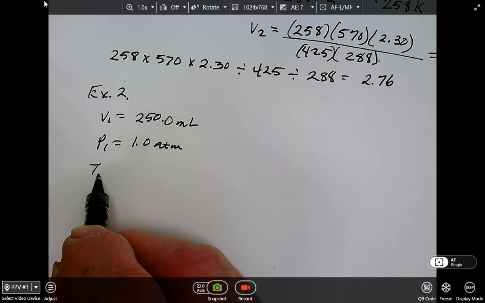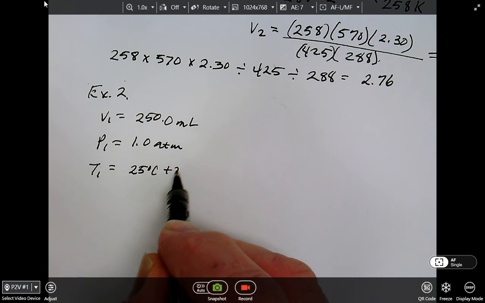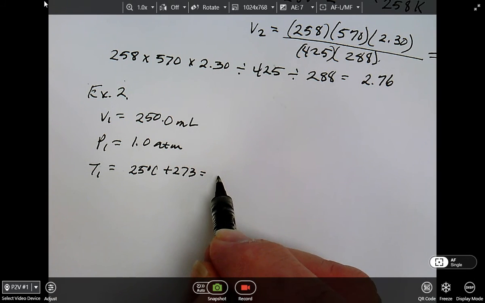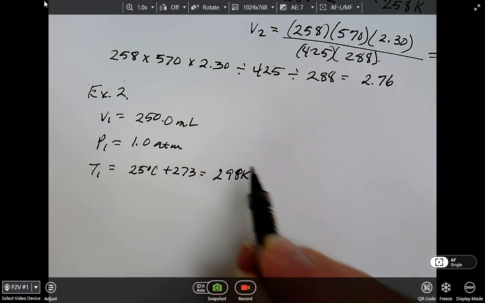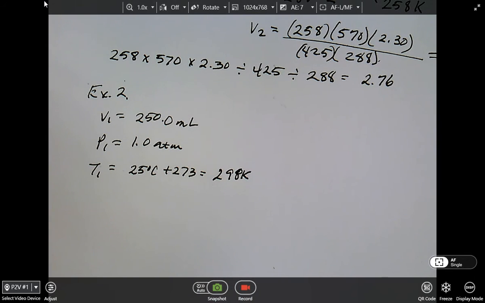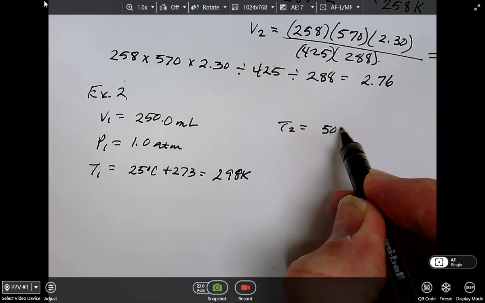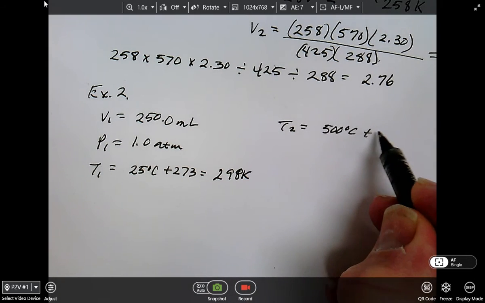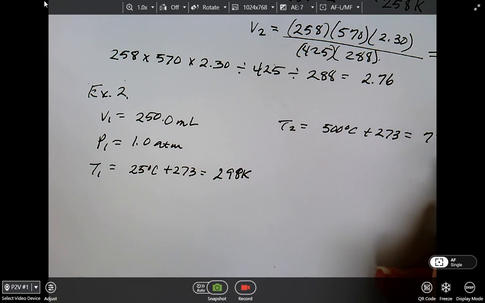We know that our T1 is 25 degrees Celsius. Let's go ahead and add 273 to that. So we get what? 298 kelvins, okay? 298 K. Now it's placed into a furnace, and so our T2 is going to be 500 degrees Celsius. So let's add our 273 to that, and we'll get 773 kelvins, all right?